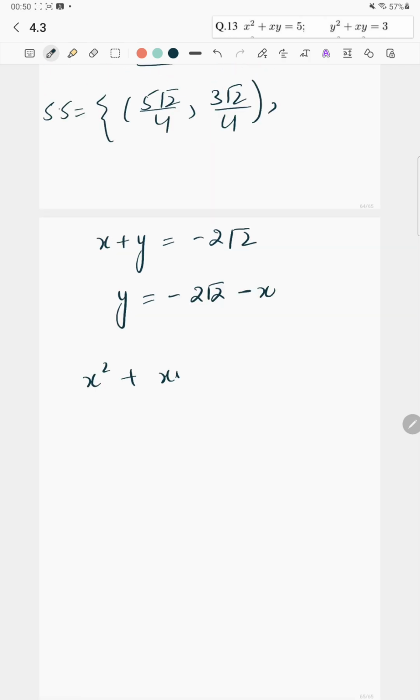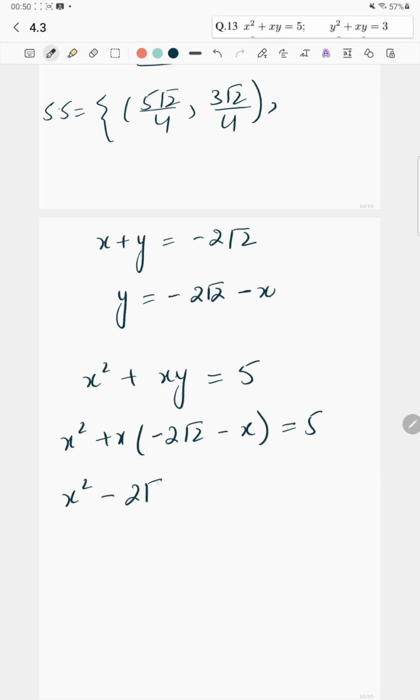So putting the values, x square plus xy is equal to 5. So x square plus x times y, which is minus 2 square root 2 minus x, is equal to 5. So x square minus 2 square root 2 x minus x square is equal to 5. So cancelling, minus 2 square root 2 x is equal to 5.